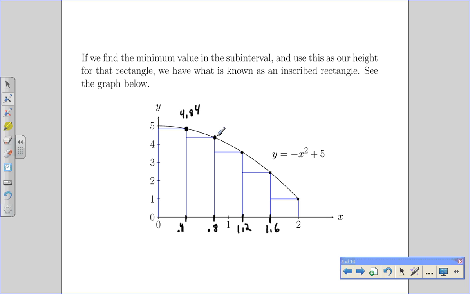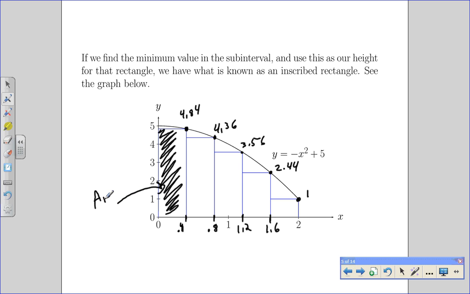This next height was 4.36. The next height, 3.56. The next height, 2.44. And the next height, 1.